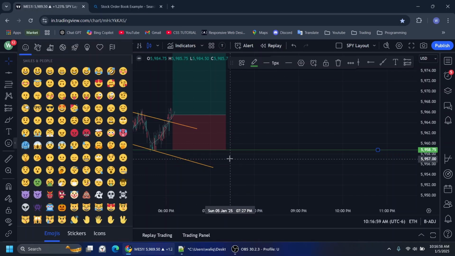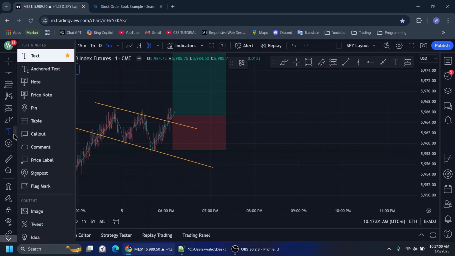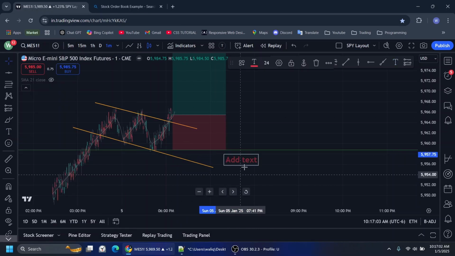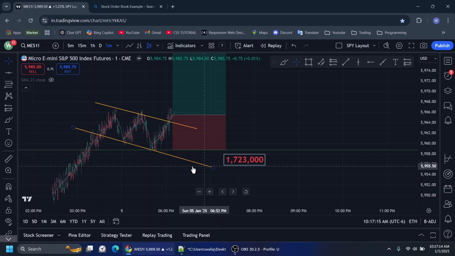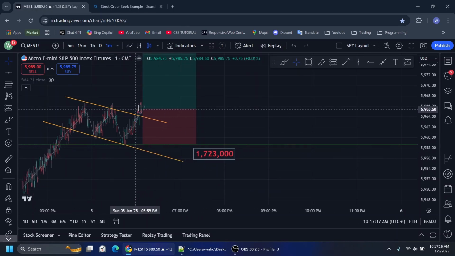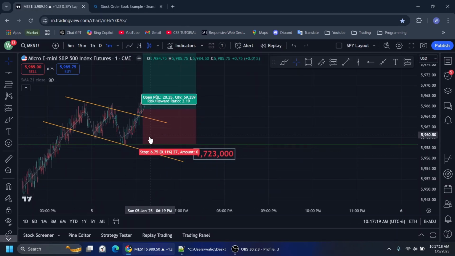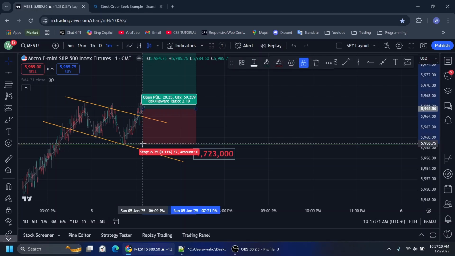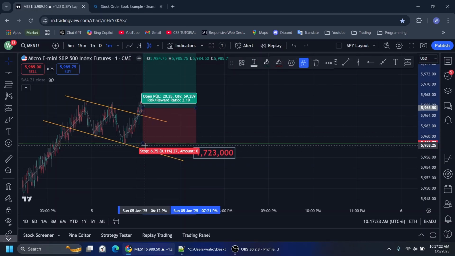So at this level there are, let's say, thousands of stop losses, right? Because everyone saw this breakout and everyone is doing exactly that, putting their stop loss right below the last swing low.